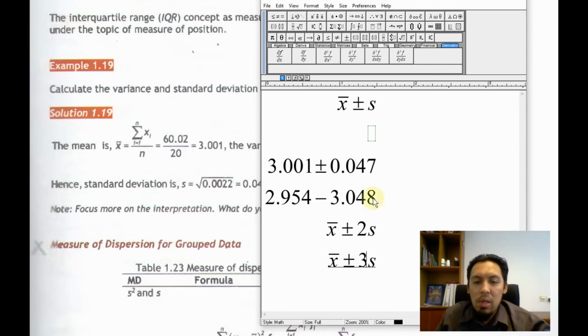In other words, there's information on spreadness that you can see if your data is 0.047 from mean, which gives you this range, or maybe 2 times this value from mean, and 3 times this value from mean.